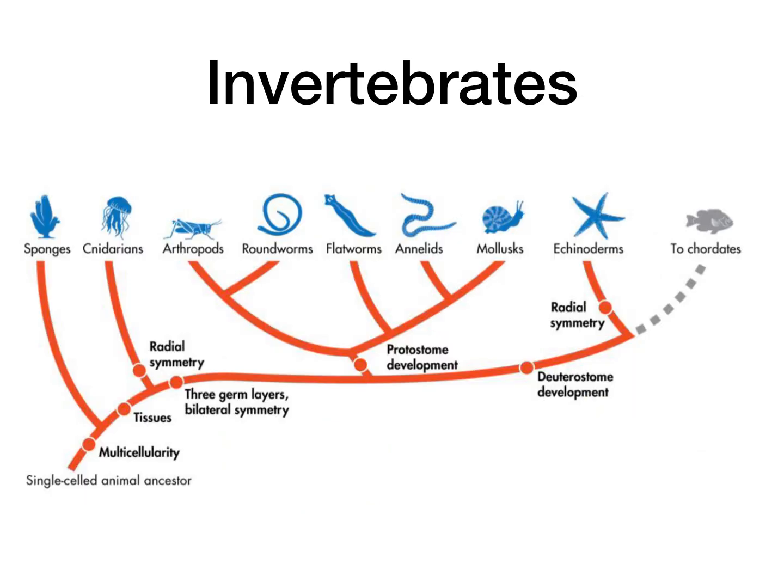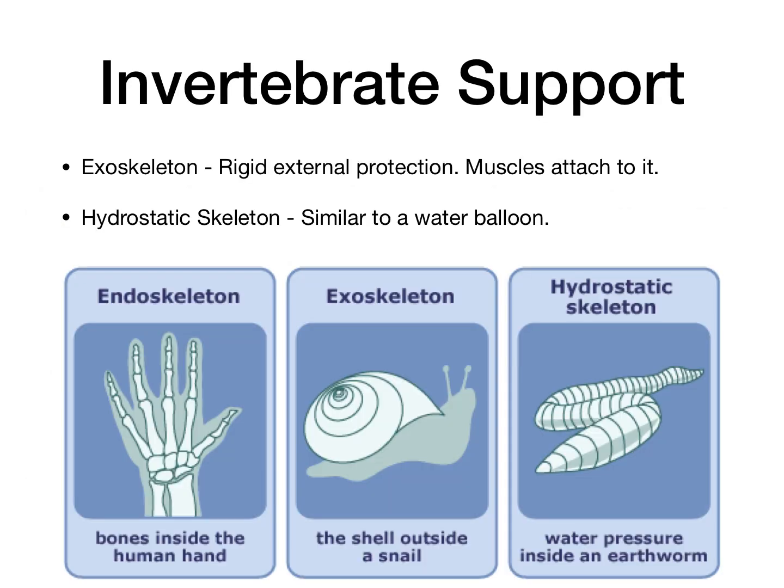If you're an invertebrate, you don't have that endoskeleton. You have to have some other form of support. So we are vertebrates with an endoskeleton. If you're an invertebrate, you have an exoskeleton on the outside or a hydrostatic skeleton like an earthworm. And the muscles squeeze, and that forces the fluids inside to move, allowing the earthworm to move.